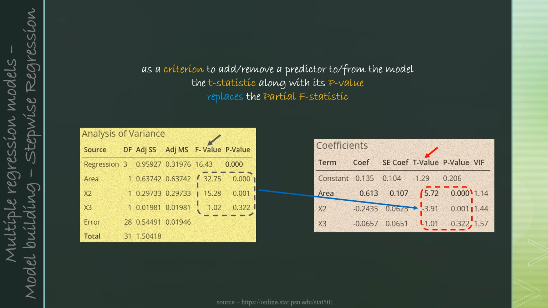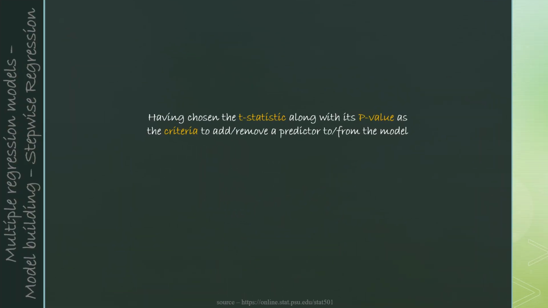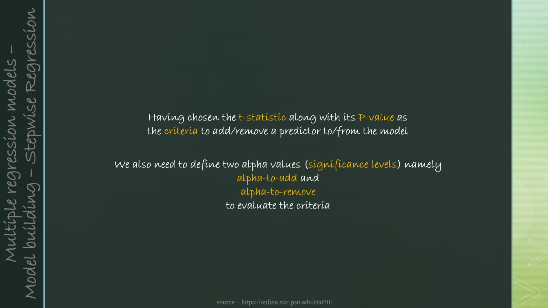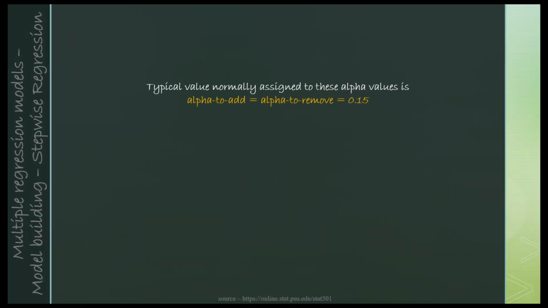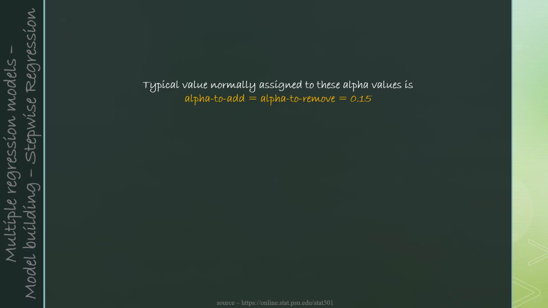Let's get into the details of the stepwise regression process. Having chosen the t statistic along with its p-value as the criterion to add or remove a predictor, we also need to define two alpha values, that is, significance levels, namely alpha to add and alpha to remove, to evaluate the criterion. The typical value normally assigned is alpha to add equals alpha to remove equals 0.15.